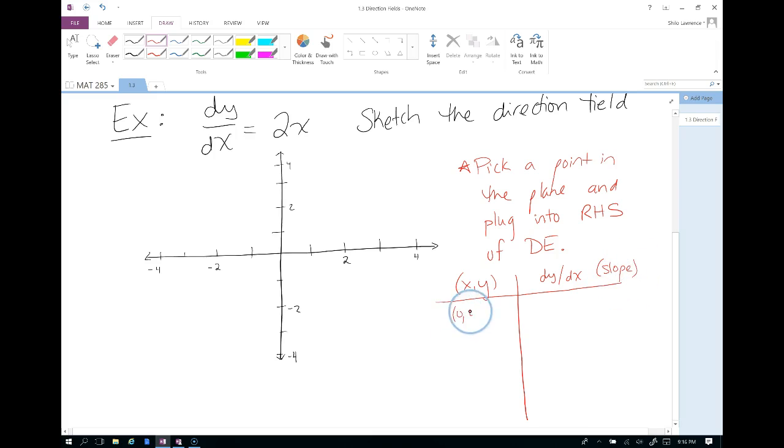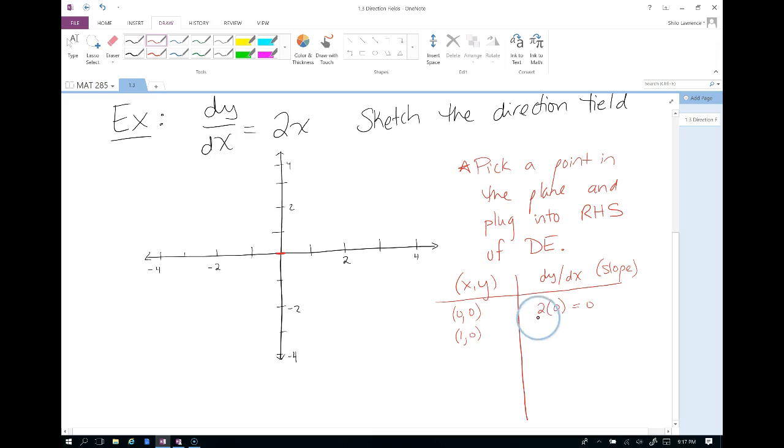So at 0, 0, our differential equation says dy/dx equals 2x. So the x coordinate there is 0, so we have 2 times 0, which is 0. So at 0, 0, we've got a tangent slope of 0. So I'm just going to draw a little tangent line that has a slope of 0, which is perfectly horizontal. And then I'm going to move over to 1, 0.